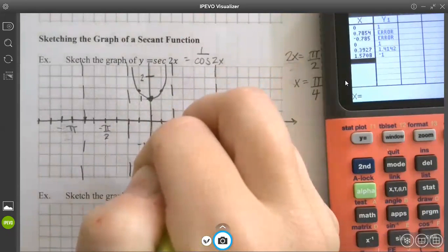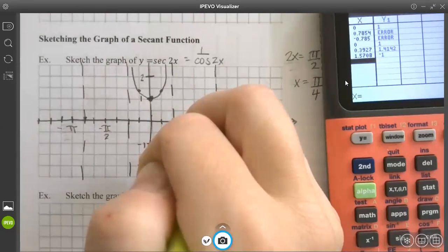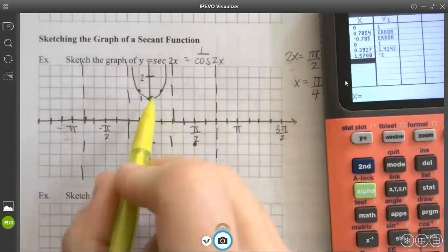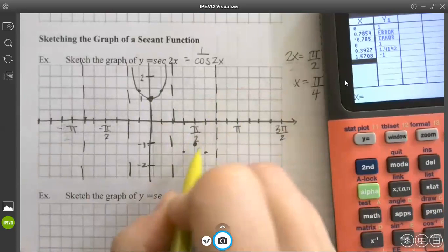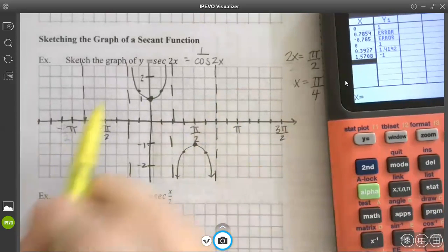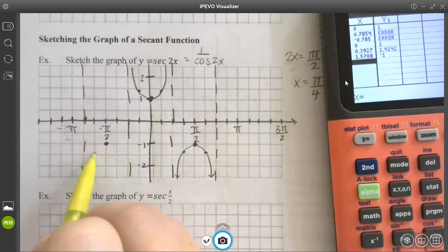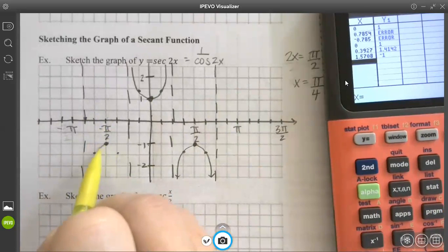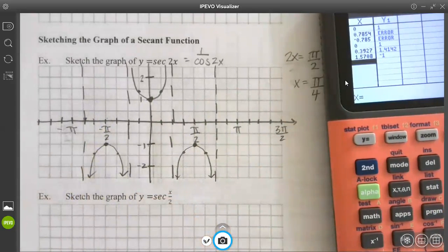On my calculator right there, -1. So this one was +1, and then it went down just a little bit. At negative pi over 2, it's going to give you the same thing, the -1, and then it's going to go down just a little bit. And just keep making those curves.